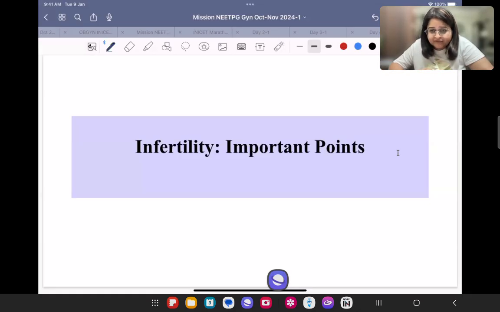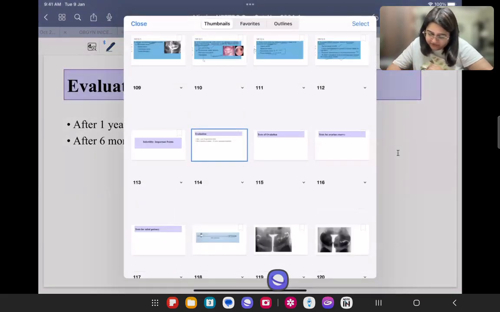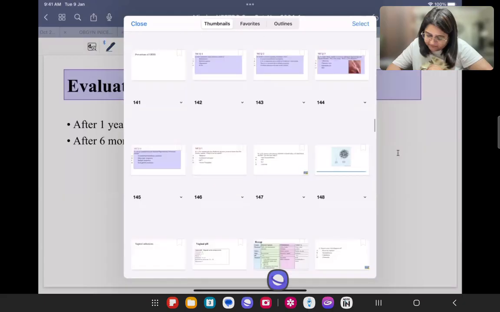Now coming to infertility, the NEET PG question I have put somewhere. I think I've put it after infertility, so you will find it there. I don't know where I put it, but I put it somewhere.